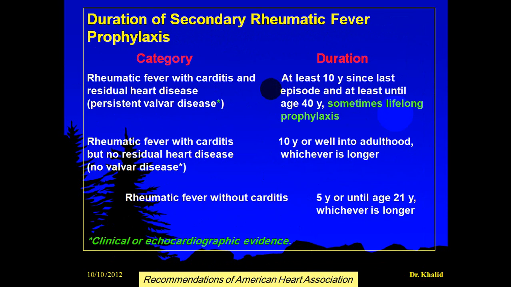Recurrent rheumatic fever with carditis but no residual heart disease clinically or by echo: 10 years or well into adulthood, whichever is longer, from the first attack of acute rheumatic fever. While rheumatic fever without carditis is 5 years or until the age of 21 years, whichever is longer.